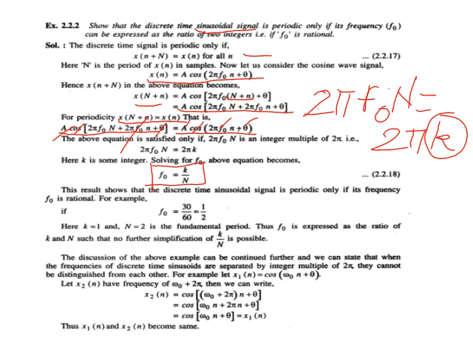Either you write cos or you write sine, both are the same, because sine and cos are only 90 degrees apart, so there is no issue, and cos is very easy to understand. That's why we preferred cos, and in the textbook cos is written. This is a very important discussion, and we derived the same thing in unit number 1, only the difference is k was not present that time. Here you will see the k.